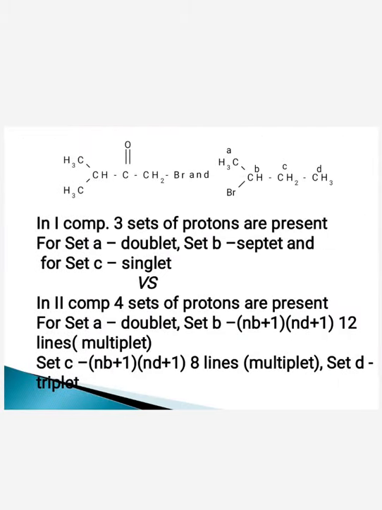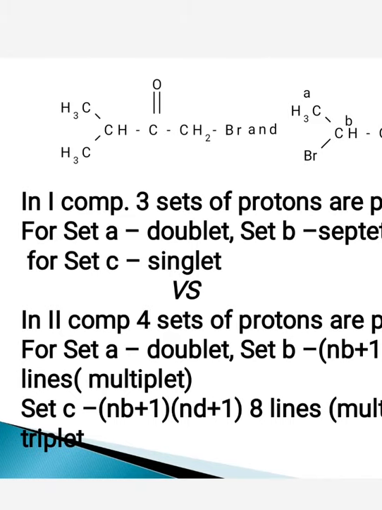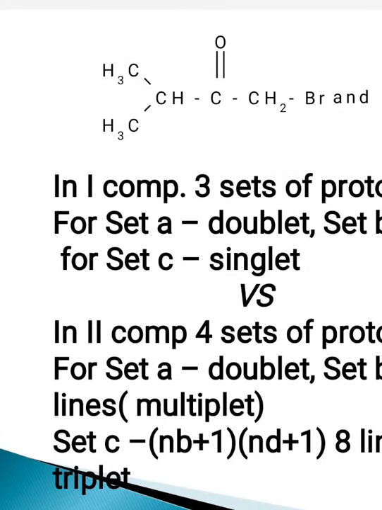The third example, next problem. See, in the first compound, now calculate the total number of protons. How many sets of protons here? Both the CH3 groups are equivalent, A set. Then CH group, B set, and CH2 group of protons is C set, because all these three sets have different chemical environments.